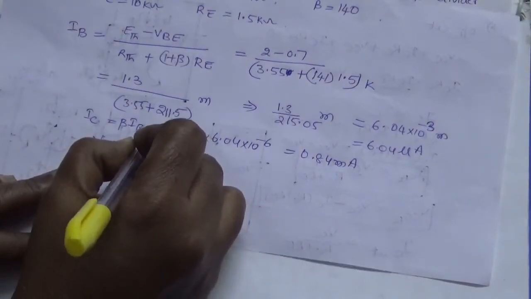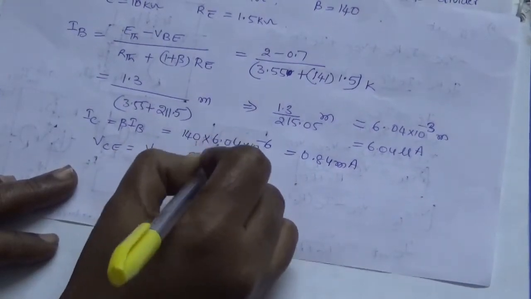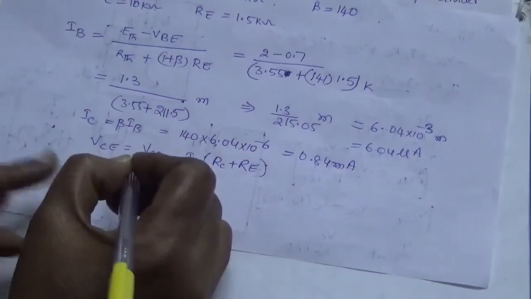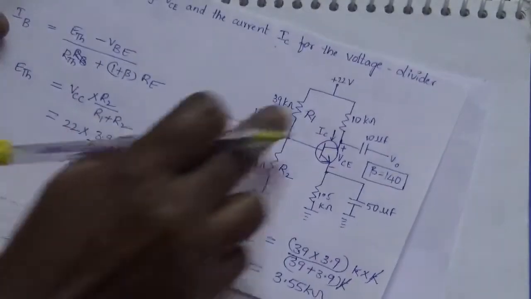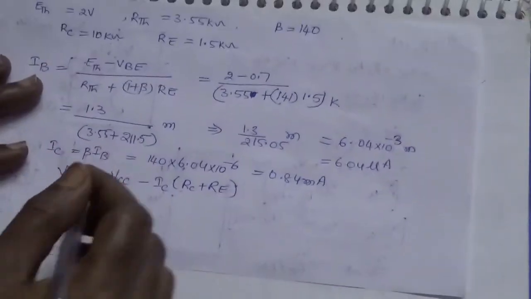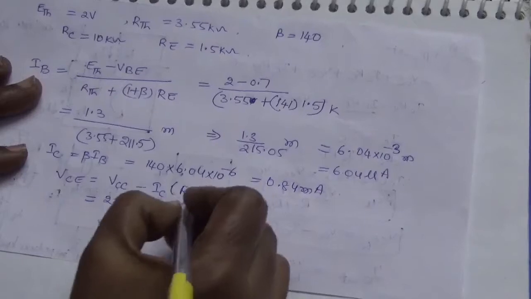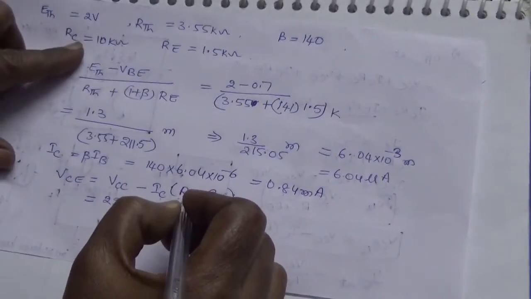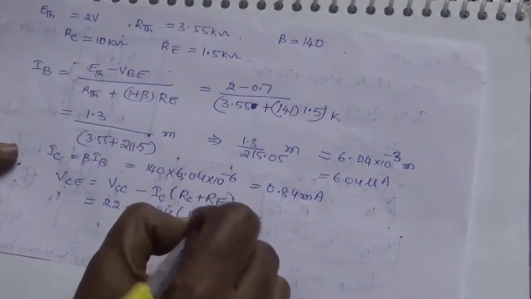VCC minus IC into RC plus RE. So what is VCC? What VCC did we take? Where is it in the problem? Here VCC is 22 volts. So 22 minus 0.84 milli into kilo, these cancel out. RC is 10 plus RE 1.5, so 11.5 kilo.